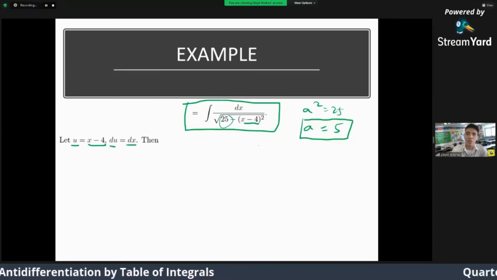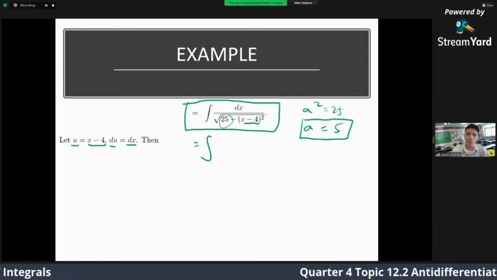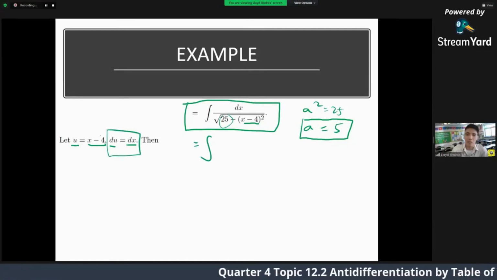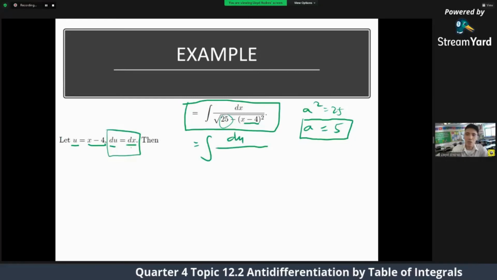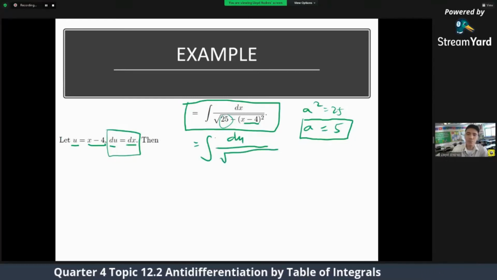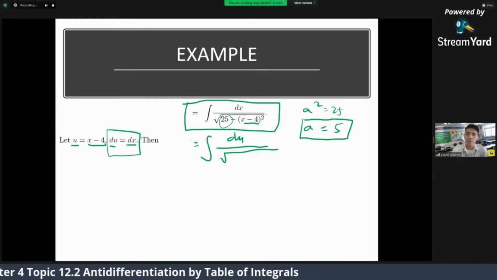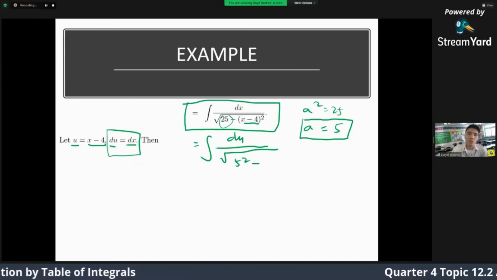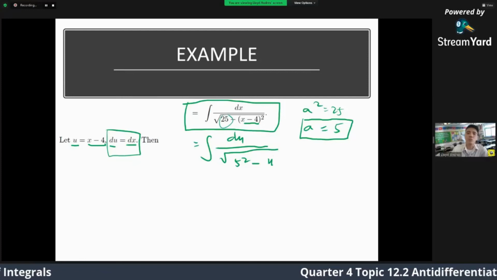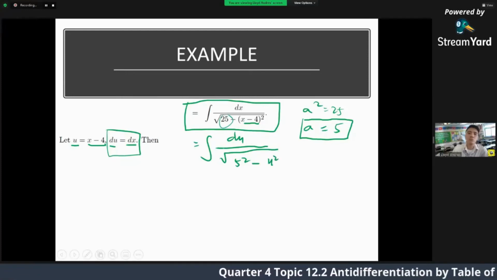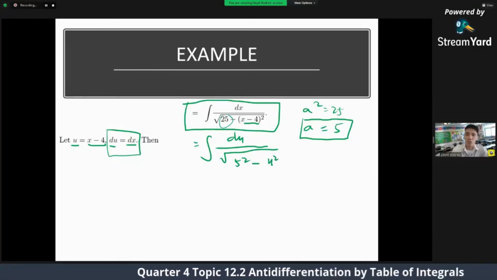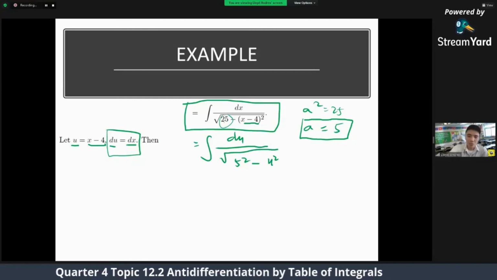So we can now rewrite this as the integral of du over the square root of 5 squared minus u squared. So this is how it looks.